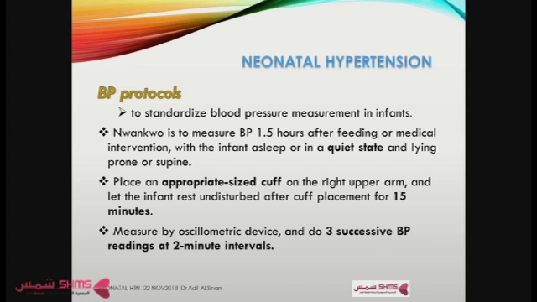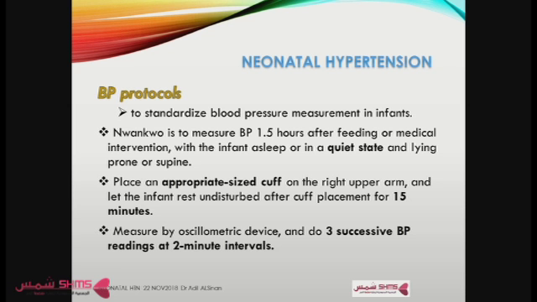A blood pressure measurement protocol is really mandatory. Probably till now, most institutes around the world lack this. What is there? The instruments are there, and the nurse will take it. No, there are a lot of recommendations for blood pressure measurement, especially in the neonatal period, which is a special task.